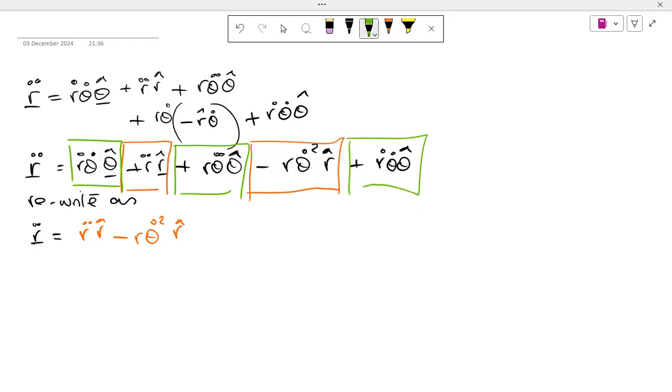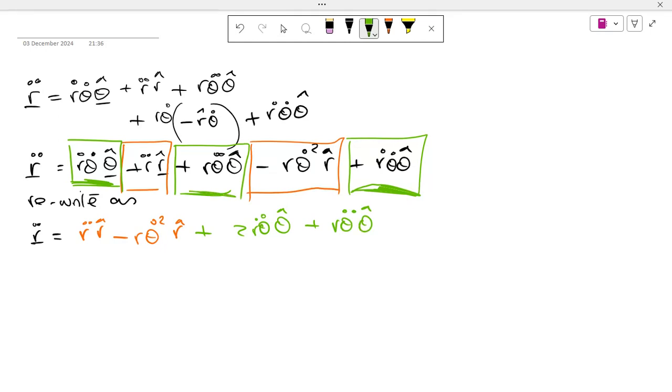right? And also, you'll notice that this and this can be added together to give plus 2r dot theta hat plus r theta double dot theta hat.